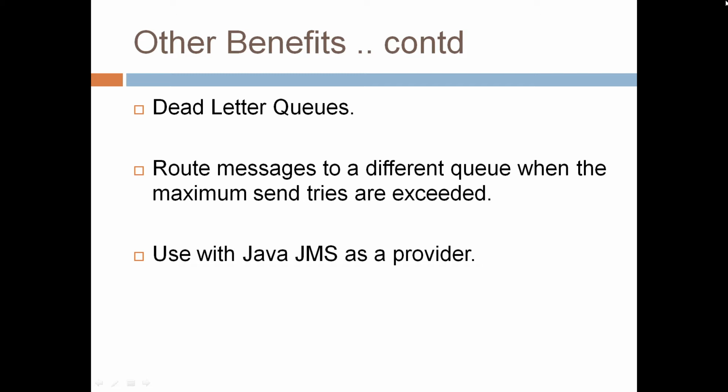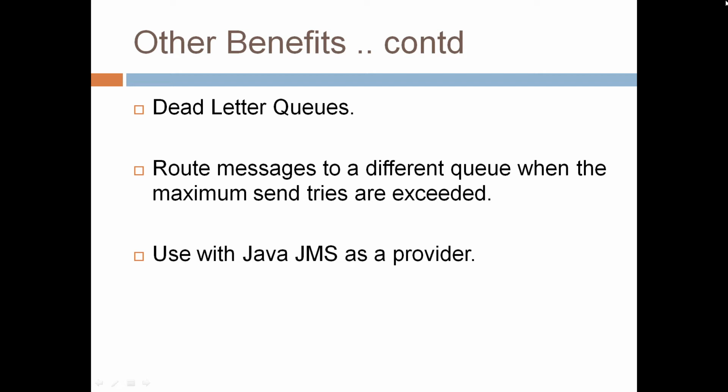And when your SQS queue tries to send messages and exceeds the value set by you, and it is not yet responded to, acknowledged, or deleted, then that message is sent to the dead letter queue.